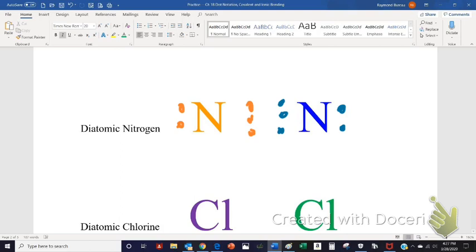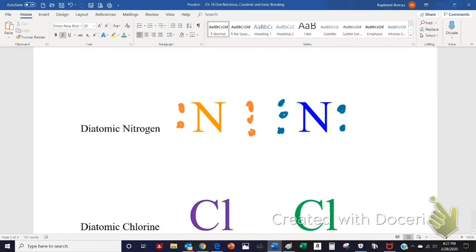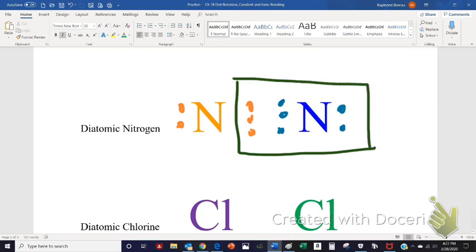And once again, what we have here, 2 stable, happy nitrogen atoms, because each one is going to use its own 5 plus the 3 from the other, and now that nitrogen atom has 8 valence electrons. And same with the other one. Its own 5 plus 3 borrowed, and that's a total of 8.